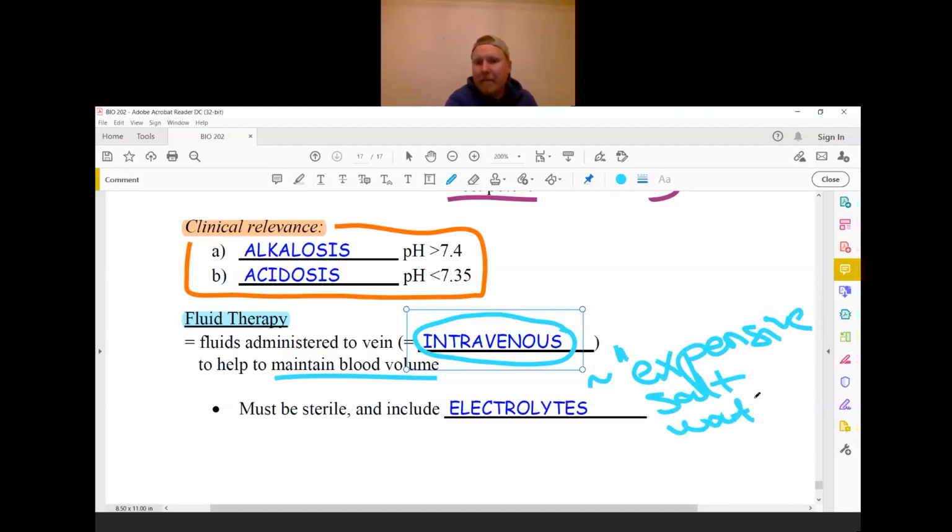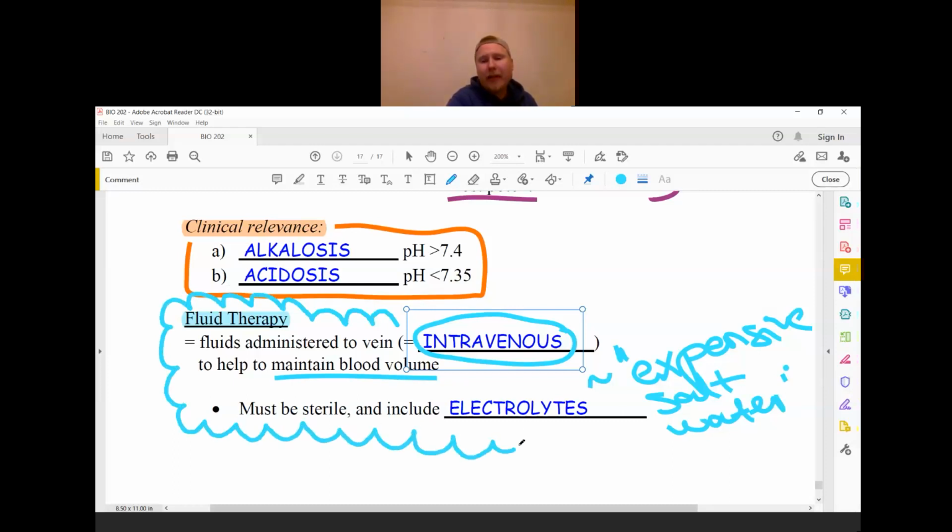And what I mean by this is that these liquids have to be sterile, and they have to contain just the right proportion of various different electrolytes for optimal functioning of the body. So it is more than a salt water.